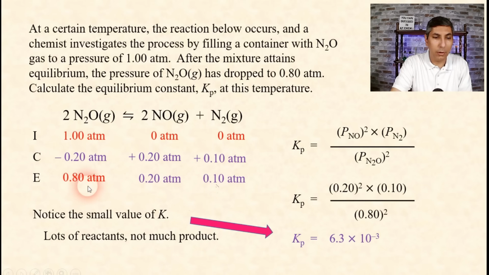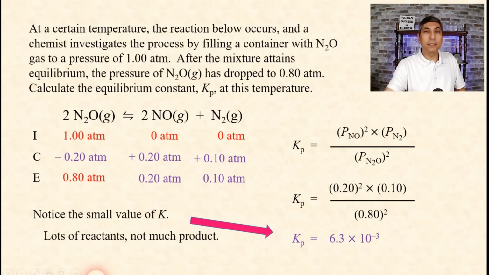We have 0.80 atmospheres of the reactant and much less product than that. And so that's the significance of the small equilibrium constant. Likewise, if we had had a very large equilibrium constant, larger than say about 10 or something like that, then we would have more product and less reactant. That's usually how that works.